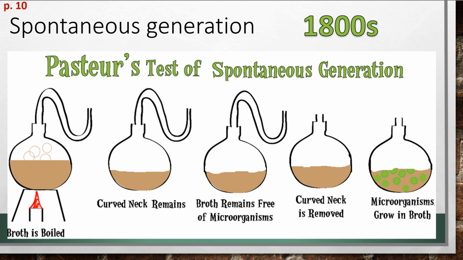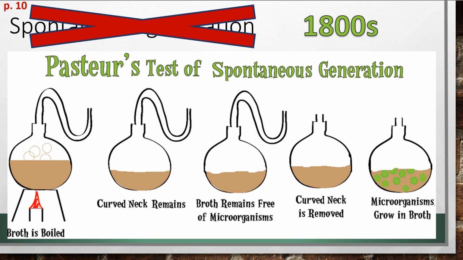But when it's exposed to air and other organisms, then other living things begin to grow inside of that jar. And so he published in the 1800s that spontaneous generation is not a thing.